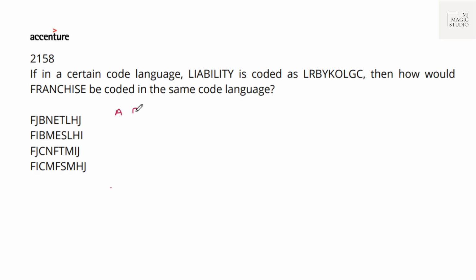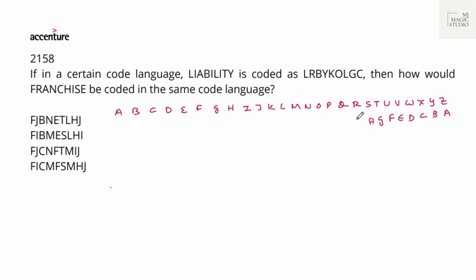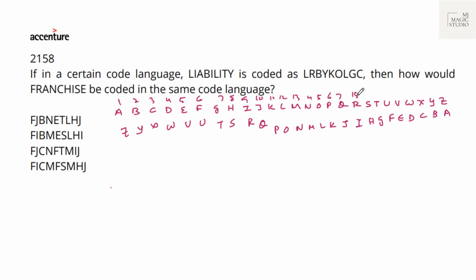First, we write A, B, C, D, E, F, G, H, I, J, K, L, M, N, O, P, Q, R, S, T, U, V, W, X, Y, Z. And then from here, we write it again, A to Z, with numbers 1, 2, 3, 4, 5, 6, 7, 8, 9, 10, 11, 12, 13, 14, 15, 16, 17, 18, 19, 20, 21, 22, 23, 24, 25 and 26.